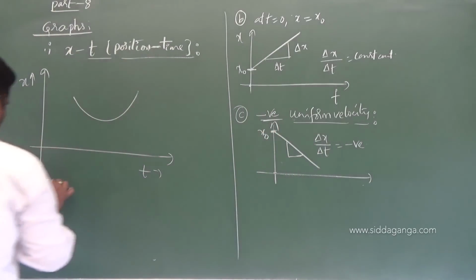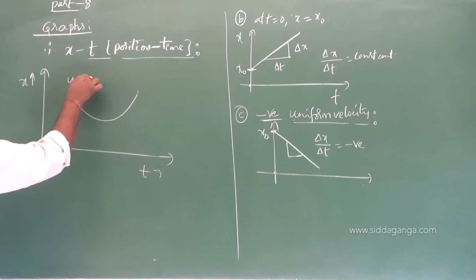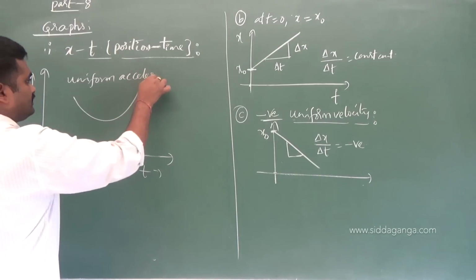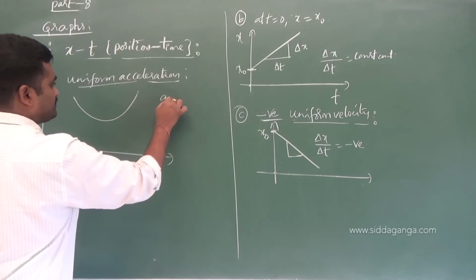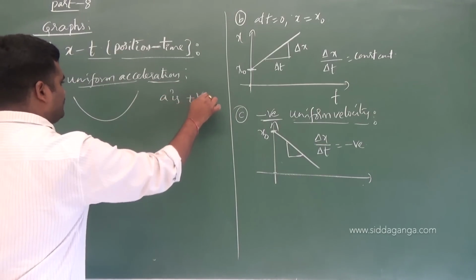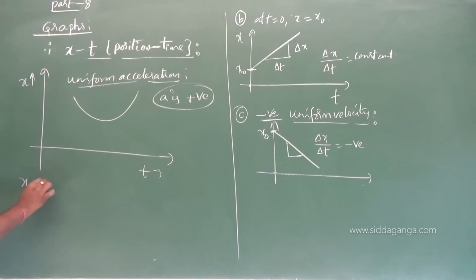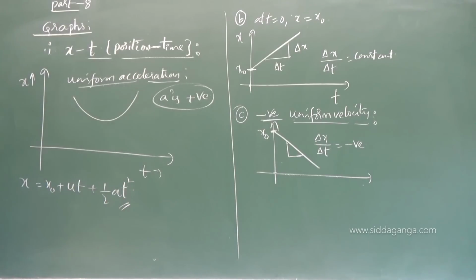The equation for this motion is like this, for uniform acceleration, remember. Acceleration is positive here. X equals x naught plus ut plus half at square. This is the graph, the equation corresponding to this motion.